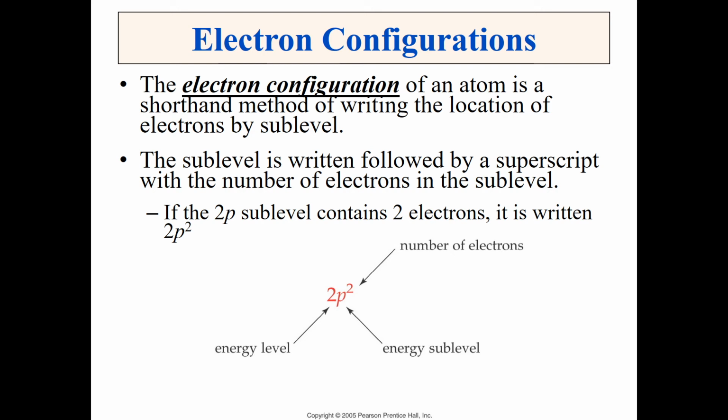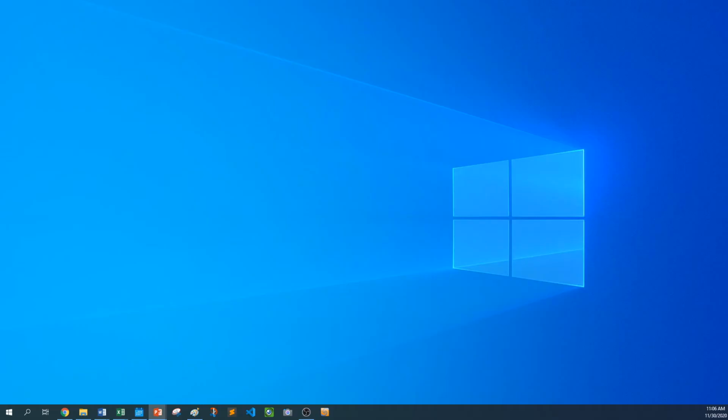So let's write some electron configurations. So what is the electron configuration for iron? What's the first thing we need to know before writing the electron configuration?